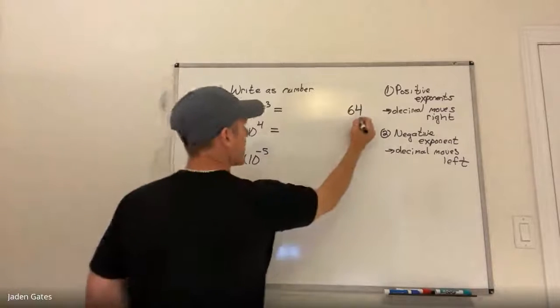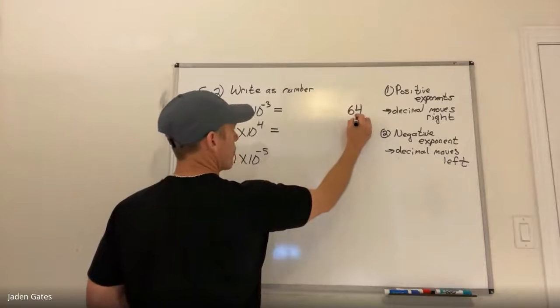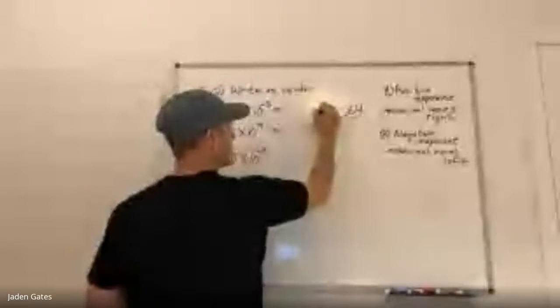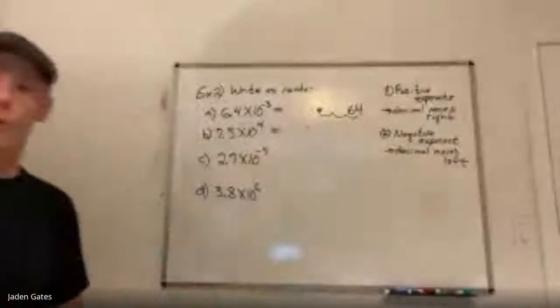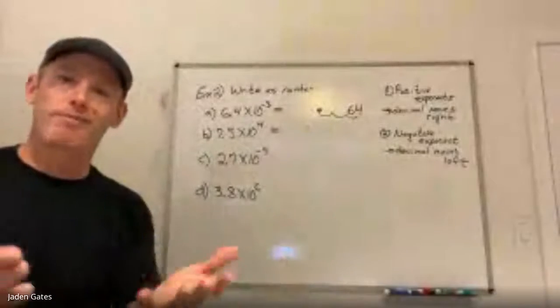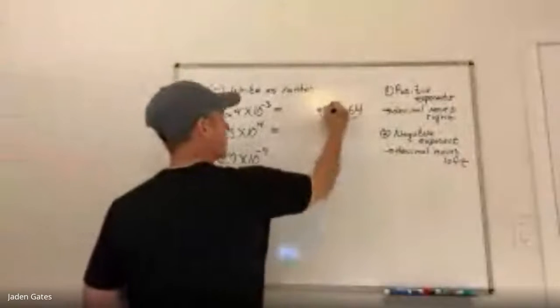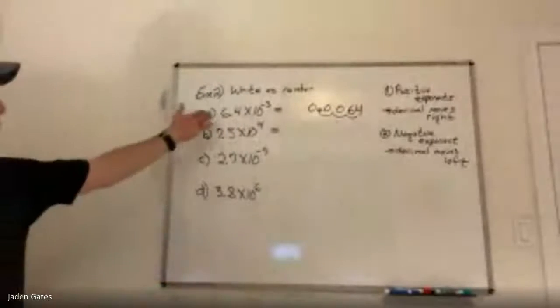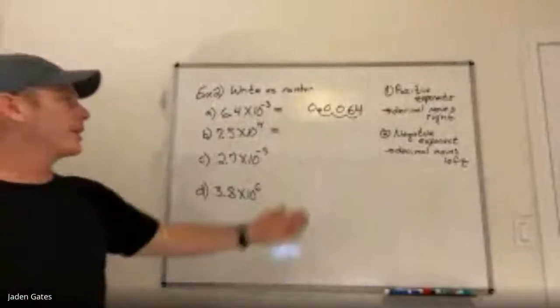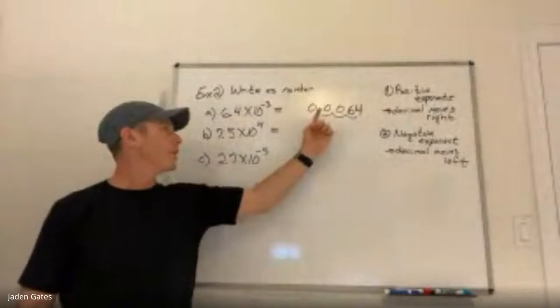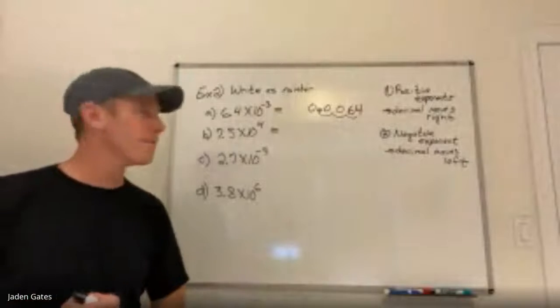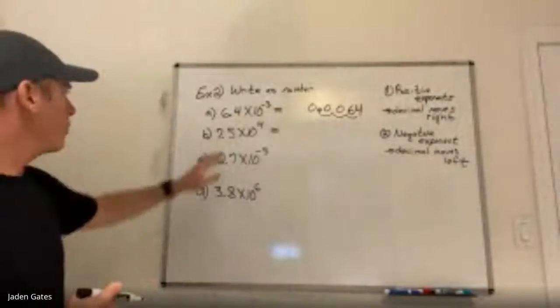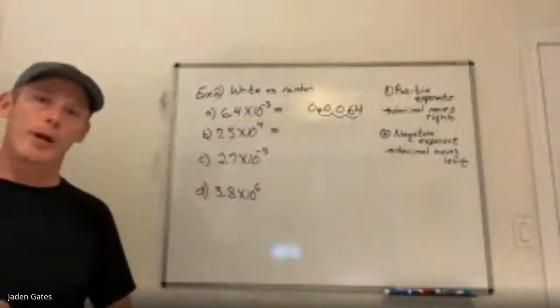I'm not going to put a decimal in between the 6 and the 4, but that's where it is now. I'm going to put 1 spot, 2 spot, 3 spot, and a big decimal there. Well, what am I going to fill in the empty spaces with? Zeros. There we go. So 6.4 times 10 to the negative 3, yeah, it's a small number. It's 0.0064.